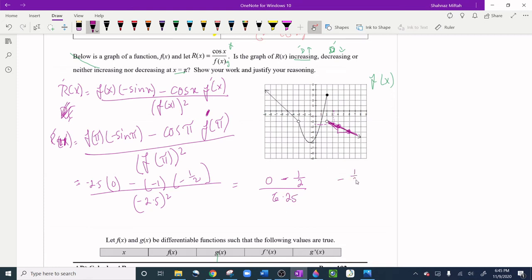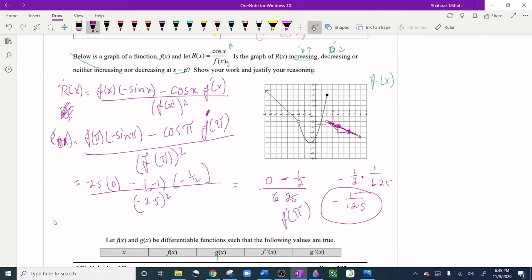Now I have negative one half times 1 over 6.25. Straight across, we multiply. 6.25 times 2 is 12.5, so negative 1 over 12.5. Since f prime pi is negative, we can say that it's decreasing.